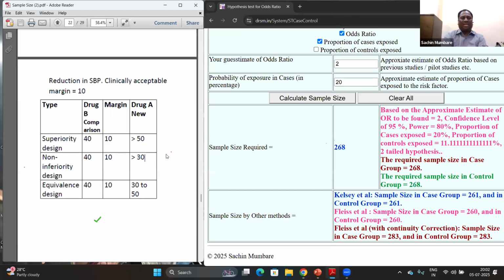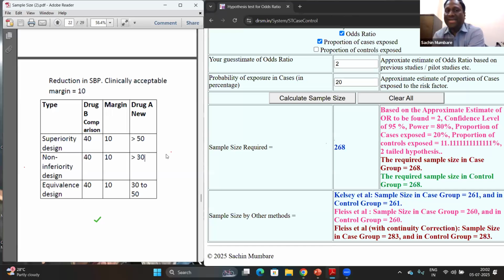And equivalence design is just the new drug is equivalent. In non-inferiority design, what we are doing, it is not inferior. It may be superior, we don't know. But in equivalence design, it is equivalent. Means if the margin is 10, the new drug will have its effect between 30 and 40. 10 here, 10 there, within the margin.